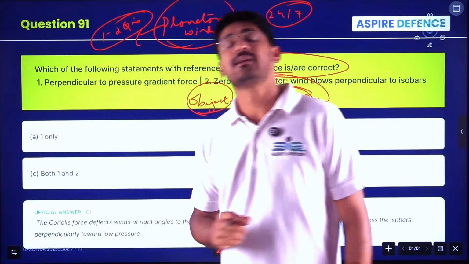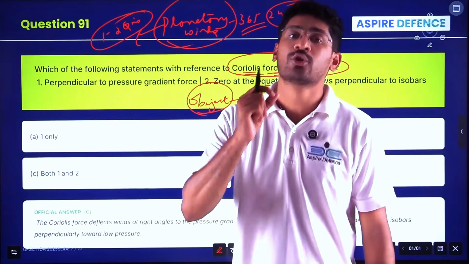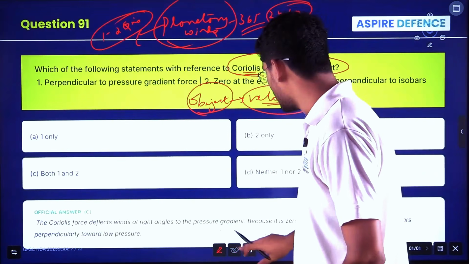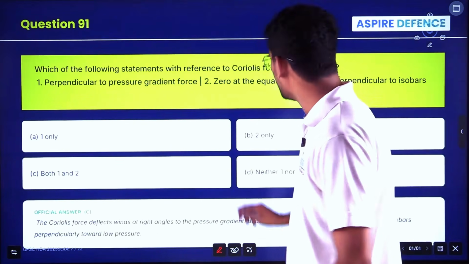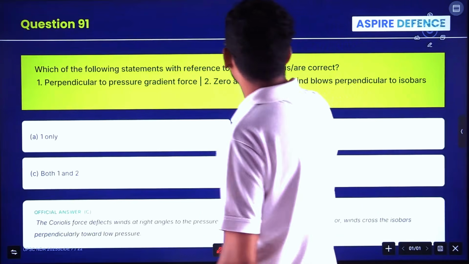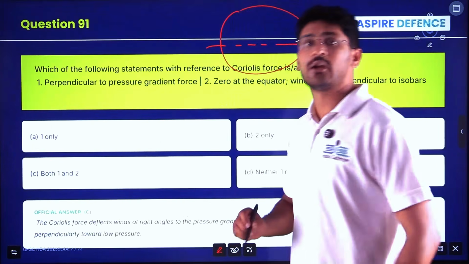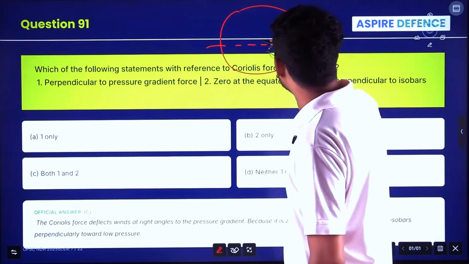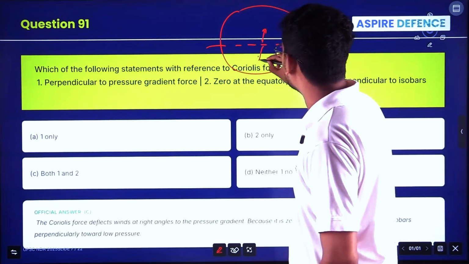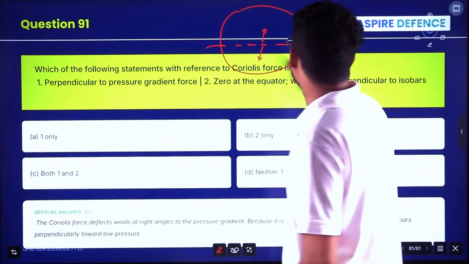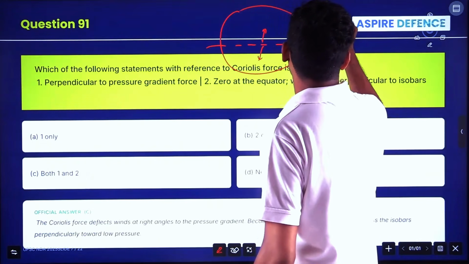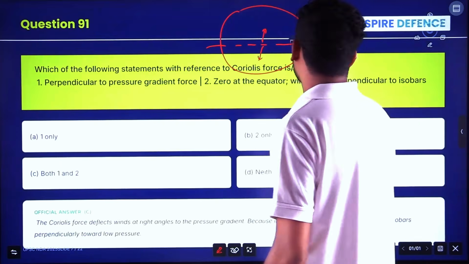Here, he has asked about the properties of the Coriolis force. My friends, what is Coriolis force? On Earth, Coriolis force increases as you move away from the equator. First, you should know that. This is the northern hemisphere, this is the southern hemisphere.